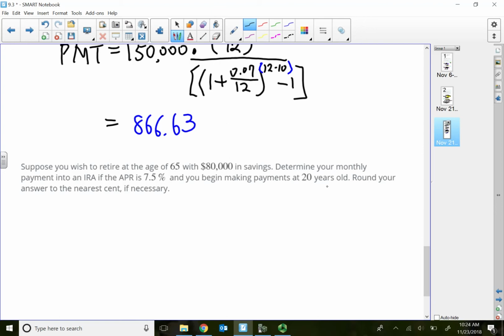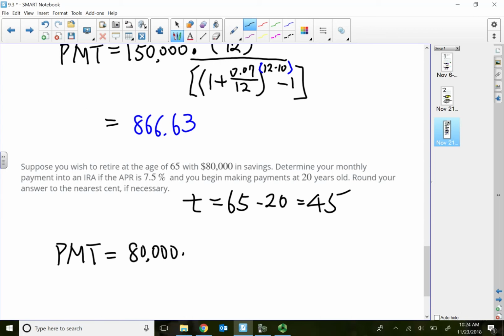So we're going to begin this at 20 years of age and retire at 65. That's 65 minus 20, which is 45 years. All right, so let's see how much we need to determine our monthly payment. My monthly payment: I want 80 grand in my account, times R, which is 0.075 over N, monthly, right?